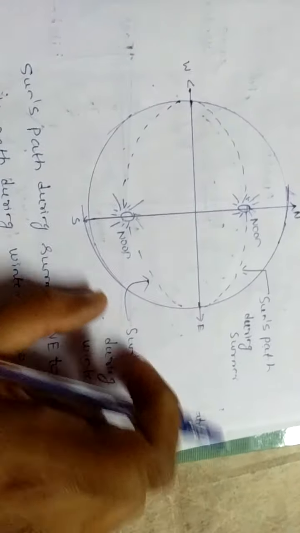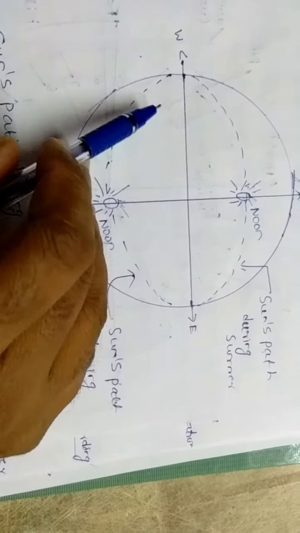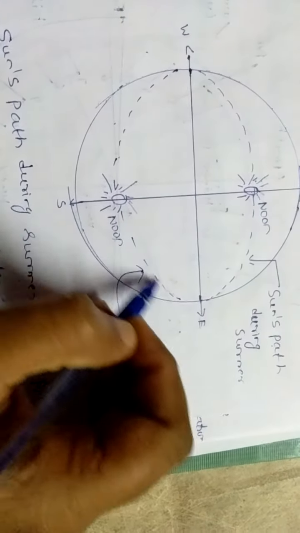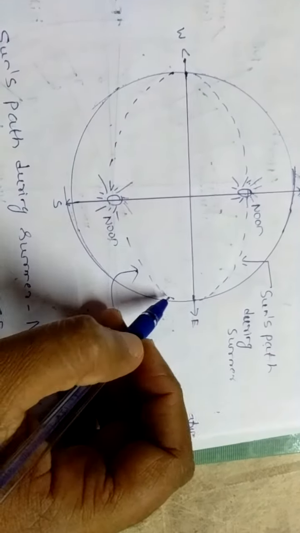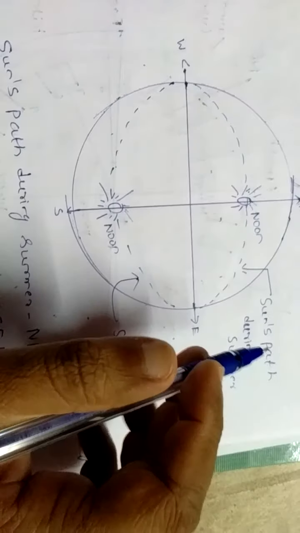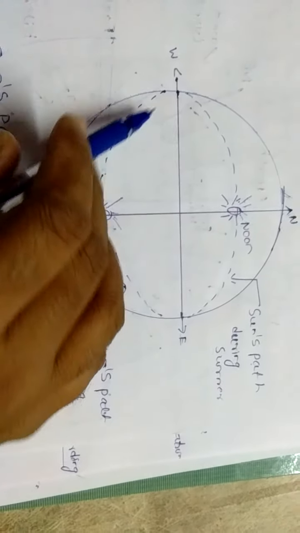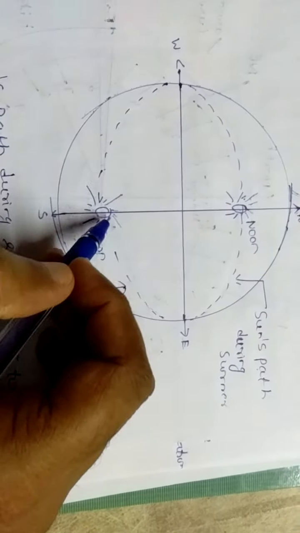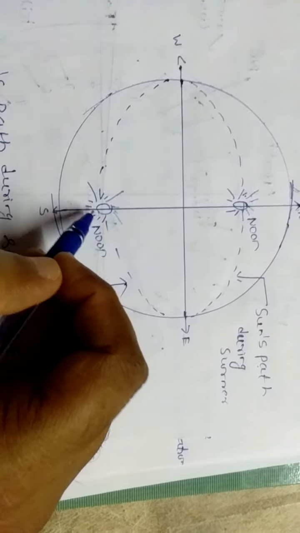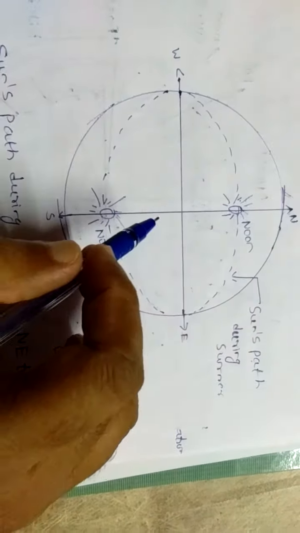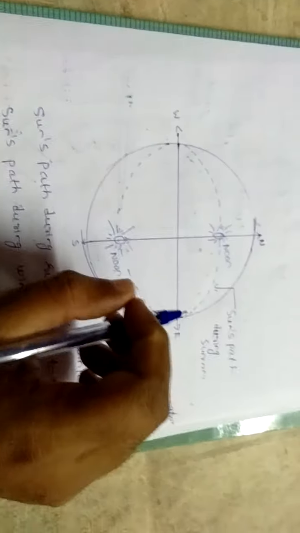Coming to the winter part, if we are installing the solar panels in the southeast direction and the southwest direction, that will help us tap more solar energy because the sun's path will be from the southeast direction to the southwest direction and maximum solar energy can be tapped at the afternoon time. So this is about how to tap the solar energy.